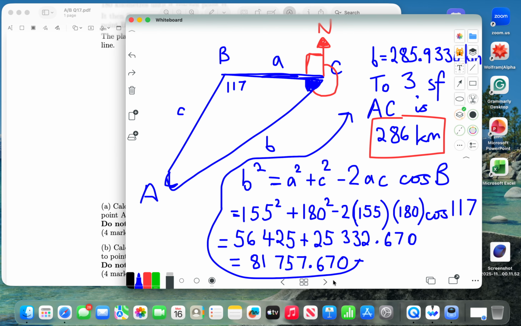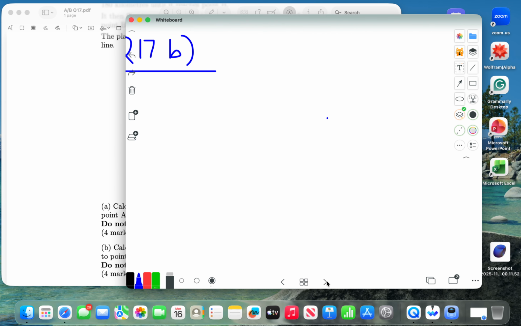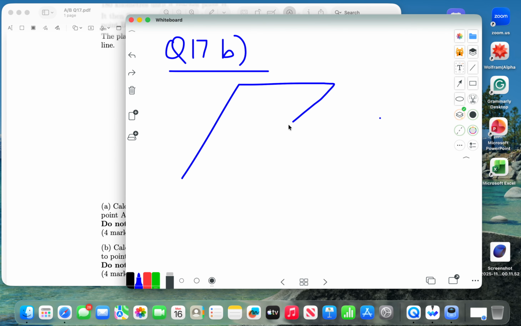Let's figure out if we should use the sine rule or the cosine rule, and for this I'm going to sketch it out again. A, B and C. So we know small c.